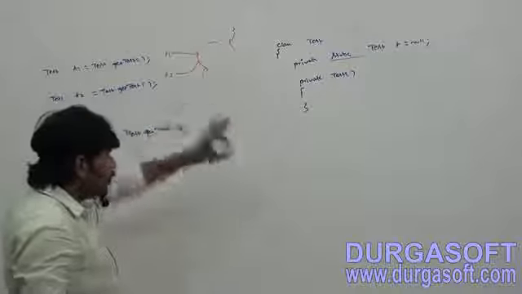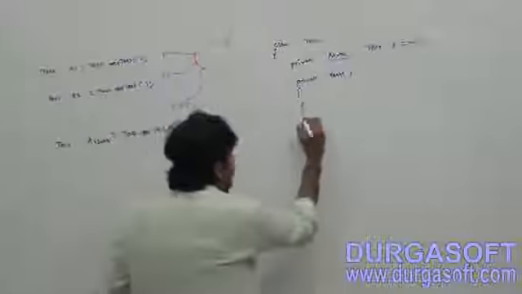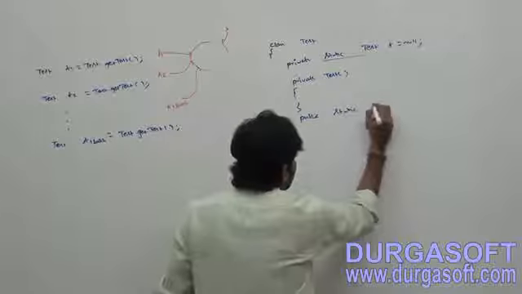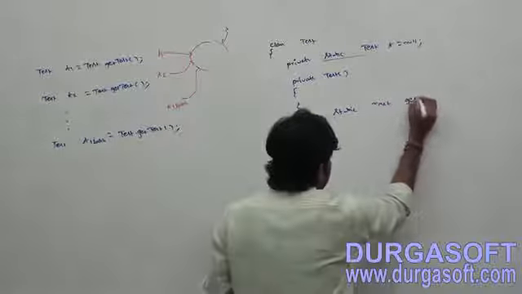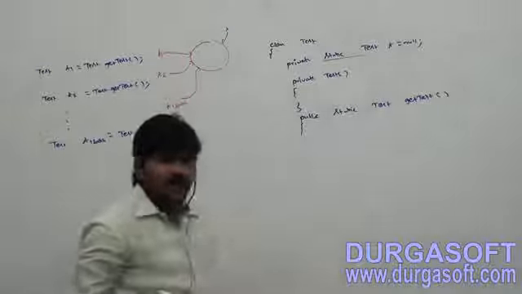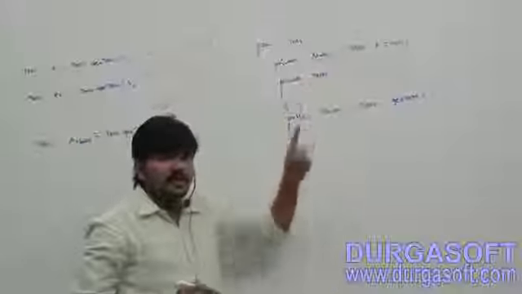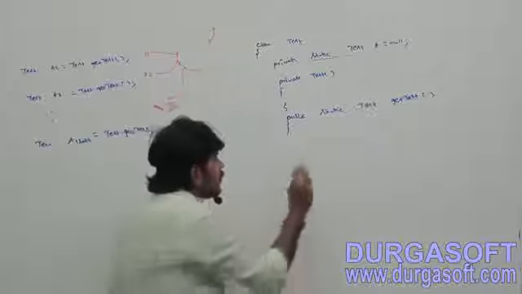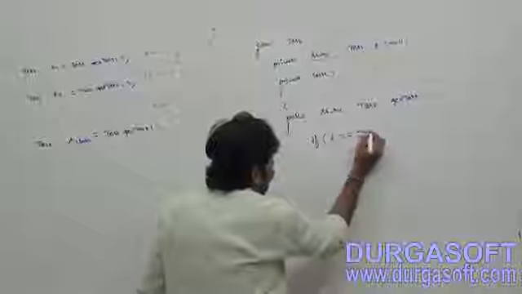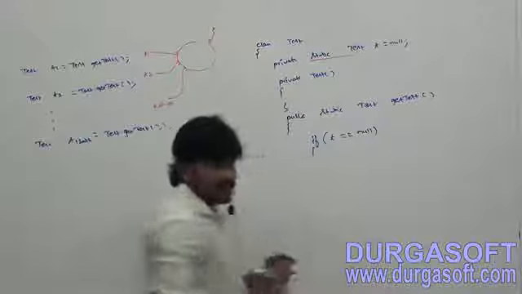Now when a person requests, public static Test getTest, same getTest. At the beginning, is any object created? No. That's why, if t is equal to null, the object is not yet created.